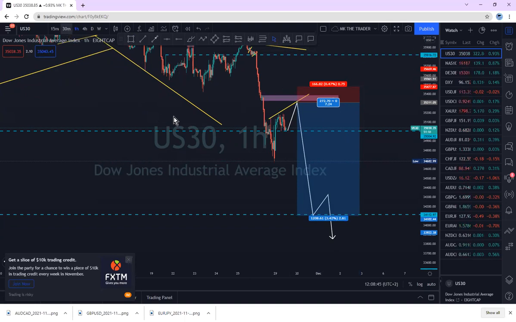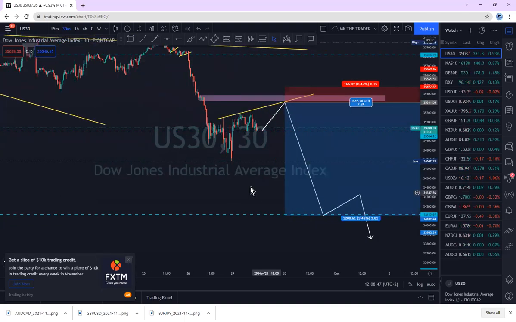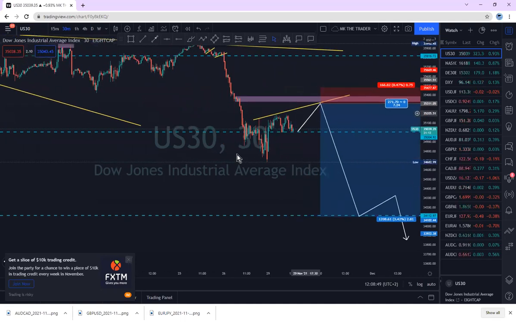So going to smaller time frame, let me see if ever there's something. Yeah, there is something here, but it is not that clear. So here we still have this structure here, but it's not yet clear.